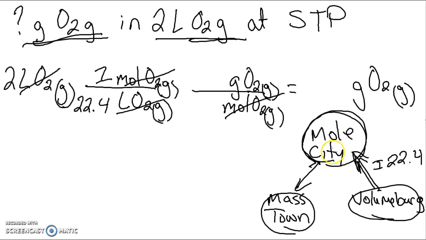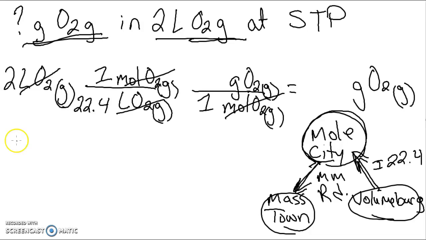Then, to travel from Mole City to Masstown, we use molar mass road. Molar mass is in terms of grams per 1 mole. So again, 1 mole, and then our molar mass, or our grams for molar mass, goes on the top.